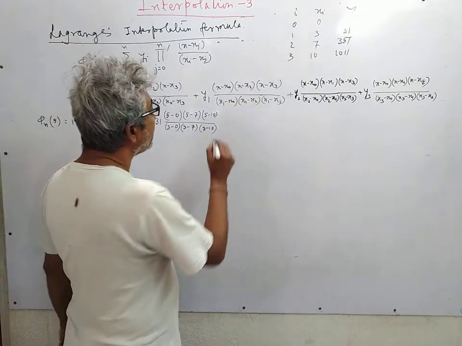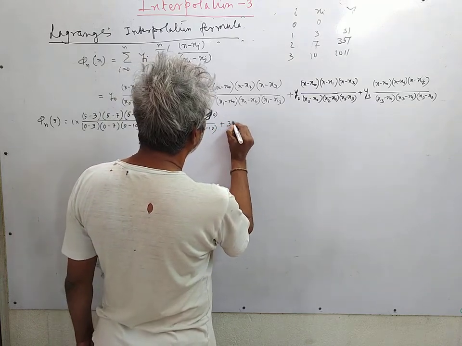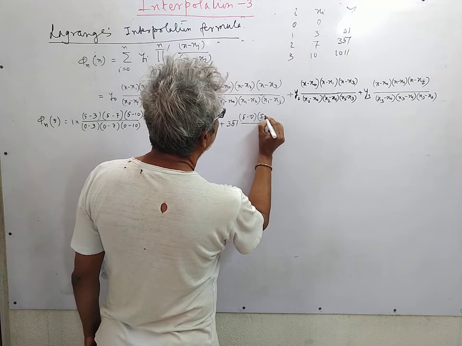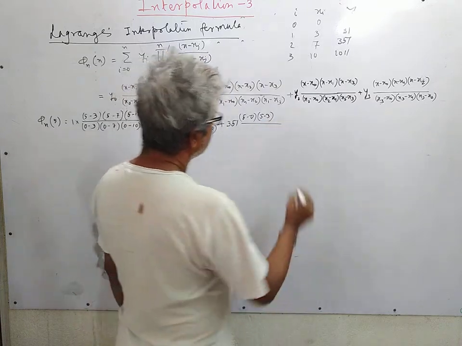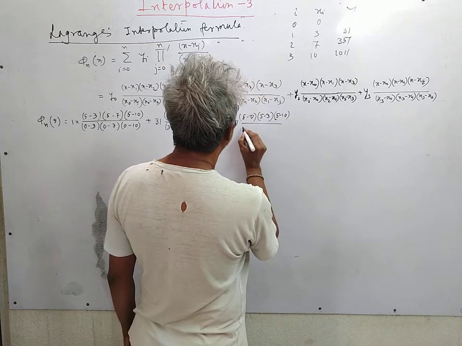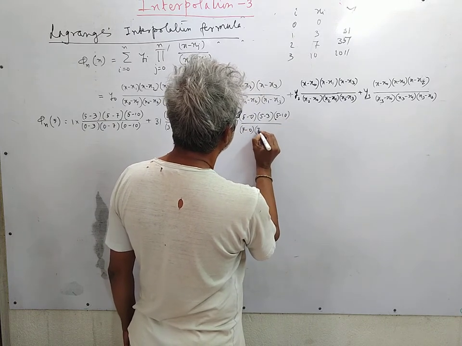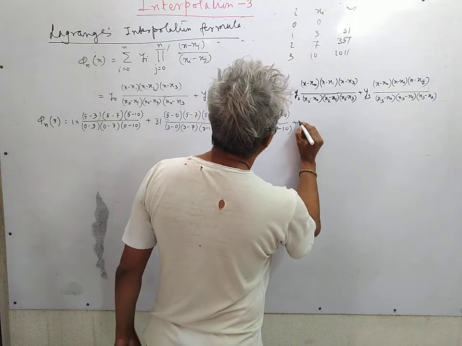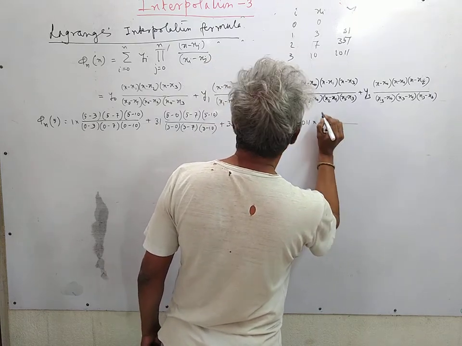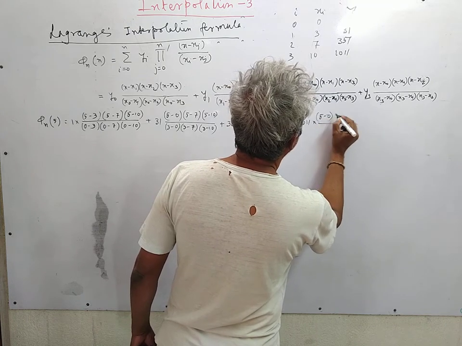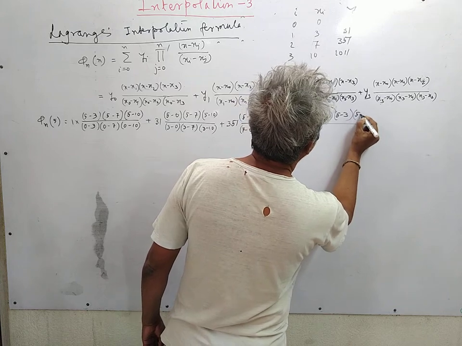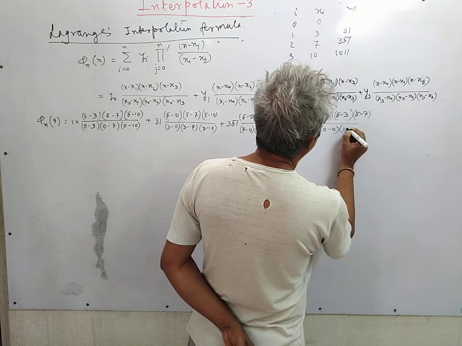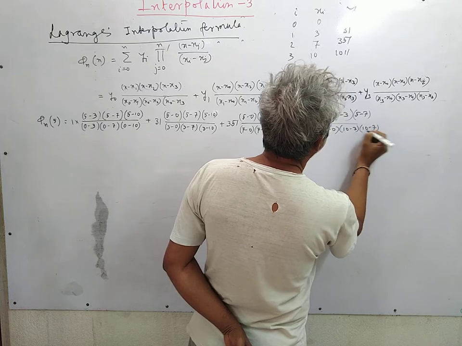Then y2 is 351, times (5 minus 0)(5 minus 3)(5 minus 10) divided by (7 minus 0)(7 minus 3)(7 minus 10), plus 1011 times (5 minus 0)(5 minus 3)(5 minus 7) divided by (10 minus 0)(10 minus 3)(10 minus 7).